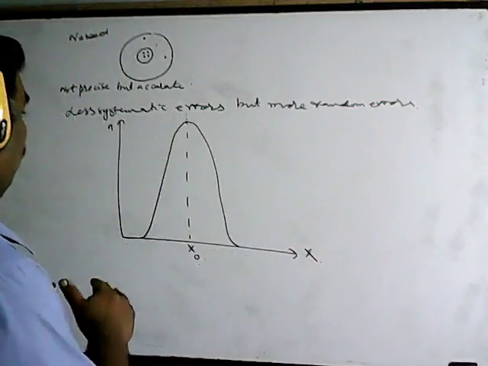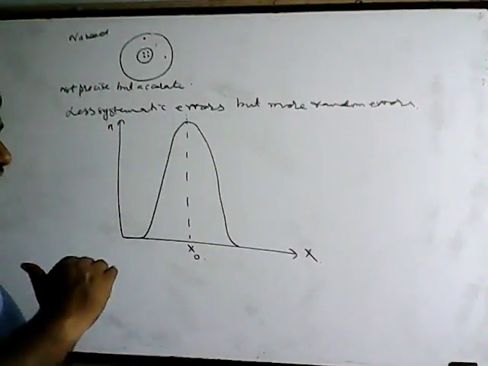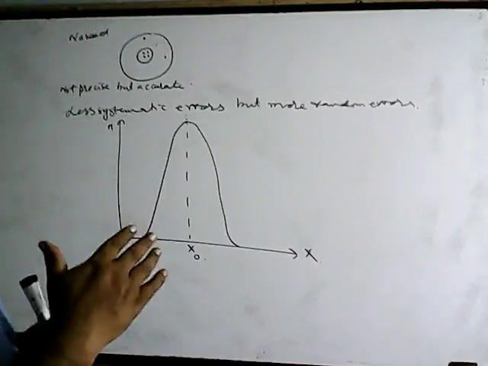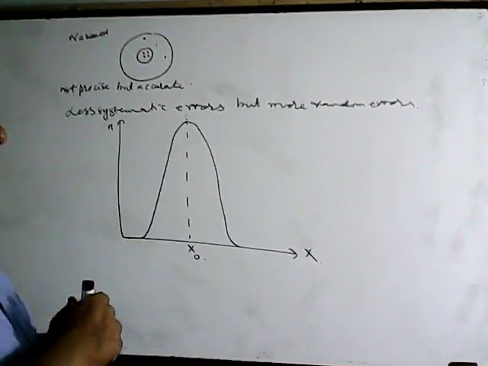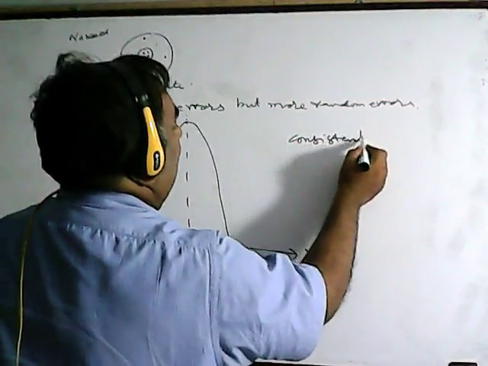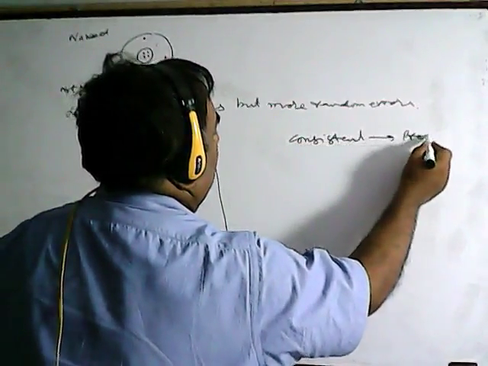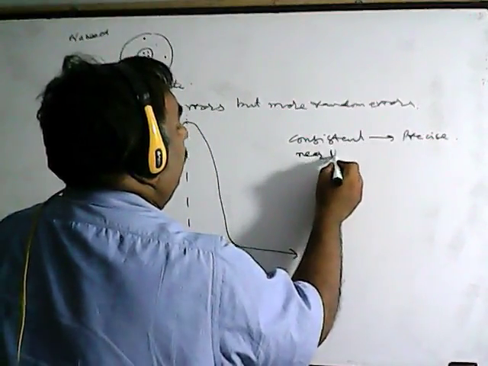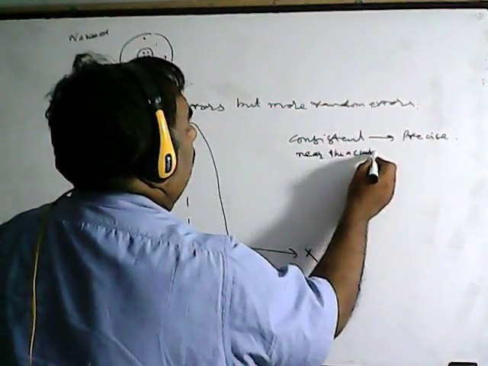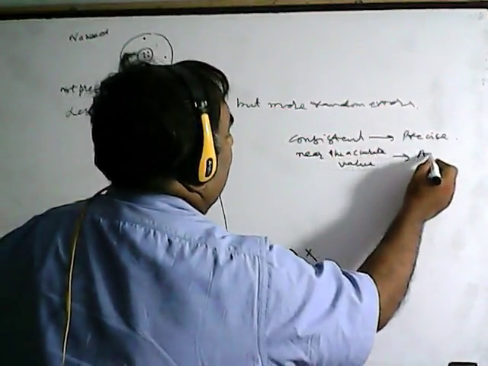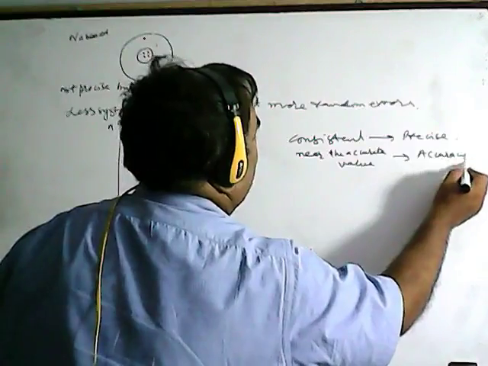So you can see accuracy is that which is very near to the actual value, and precision refers to consistency. If you are consistent, it means precise. If you are near the accurate value, it is accuracy. So that is the difference.